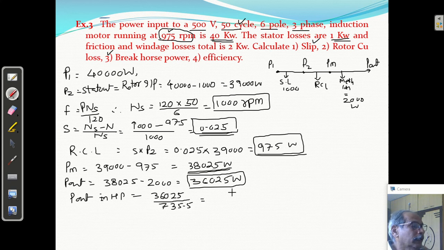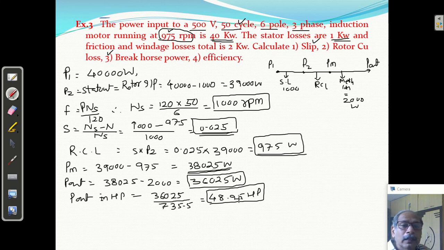Using the calculator, I'm getting 48.95 horsepower. Please remember, some people take 735.5, some take 735, some take 740. So this answer will vary, maybe 48 horsepower, maybe 50 horsepower, since it is not given.